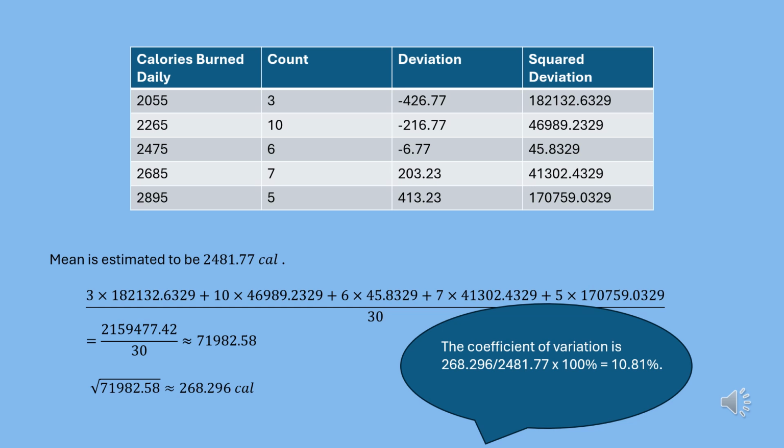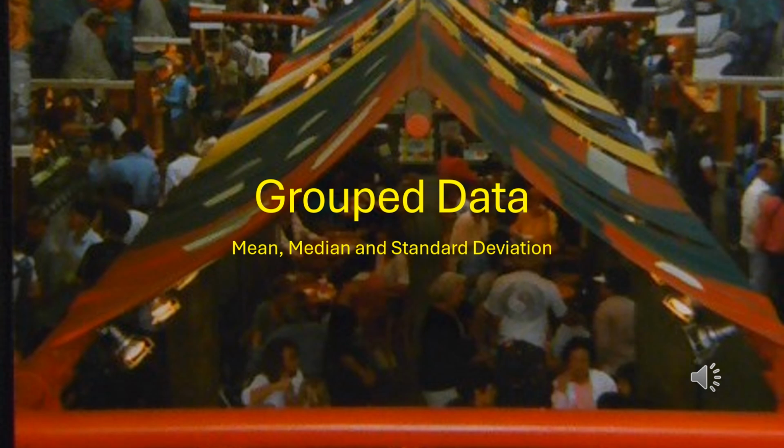So this data was much more closely packed together relatively than the set of data about the pedestrian deaths per state. The coefficient of variation here is reasonably small, whereas the other one was extremely large. I hope this gave you a decent overview of working with group data.